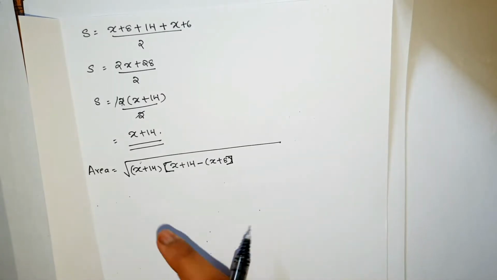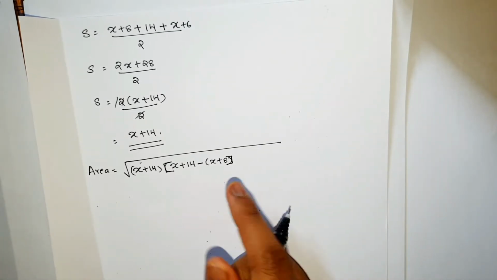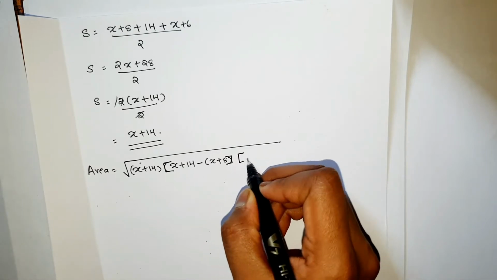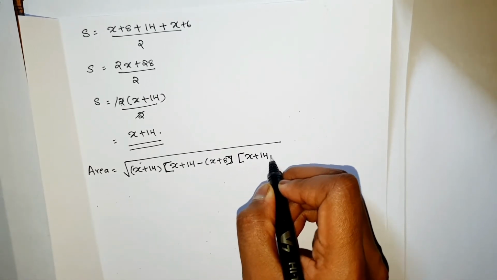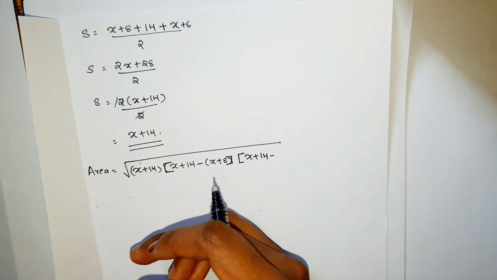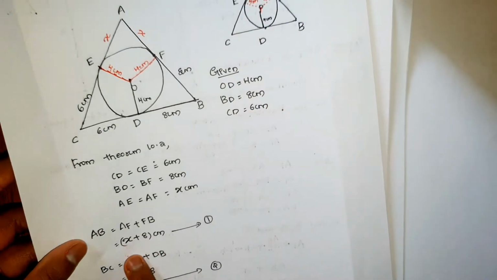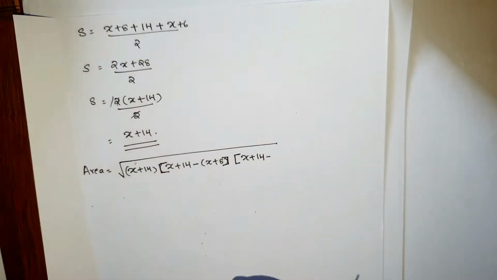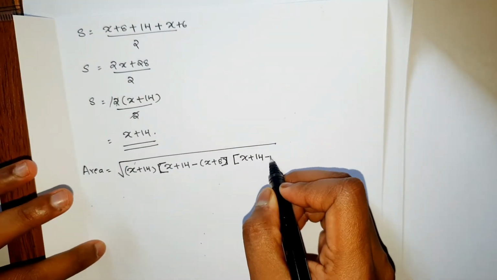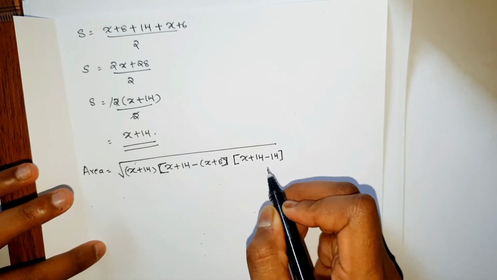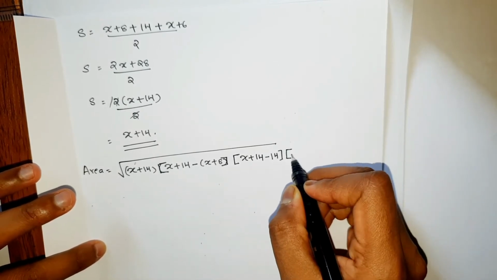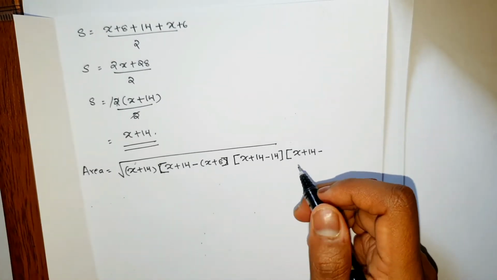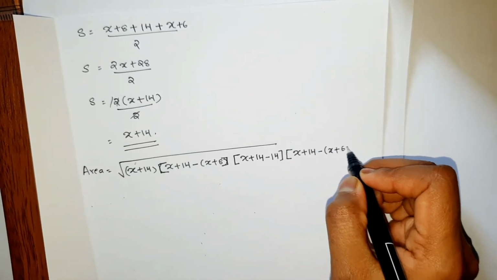S into S minus A into S minus B. So, S is x plus 14 minus B, which is 14 centimeter. I am taking these sides 1, 2, 3. Next is 14 and next is x plus 6. So, x plus 14 minus 14. Then S minus C: x plus 14 minus the next side, x plus 6.